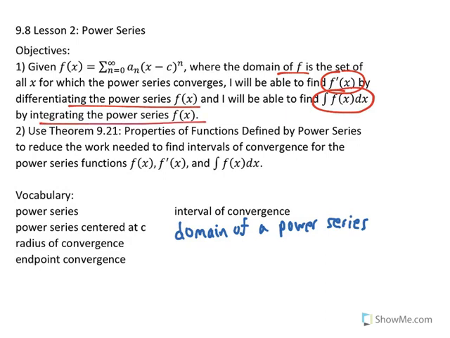And then we were able to find the intervals of convergence for the power series for f, f prime, and the integral of f of x dx. By using the ratio test and using Theorem 9.21, we only had to apply the ratio test one time, but we had to check for convergence or divergence at the endpoints of each interval for all three power series.